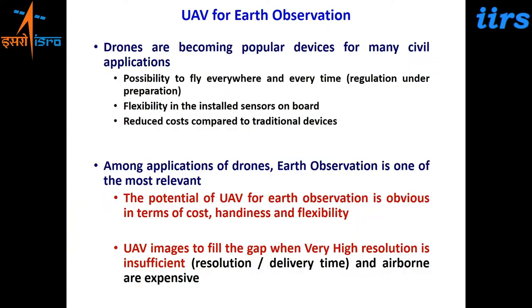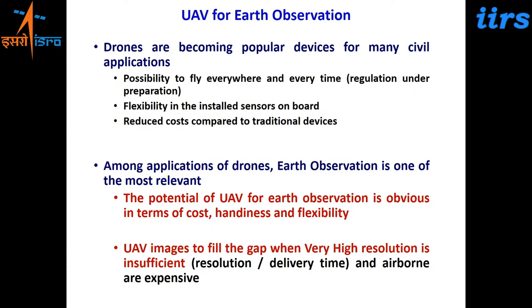especially for certain applications. And the major application in that is disaster management. Why? Because in disaster, time is the crucial thing. The information has to be obtained and disseminated as quickly as possible, right? So satellites may not have a pass.